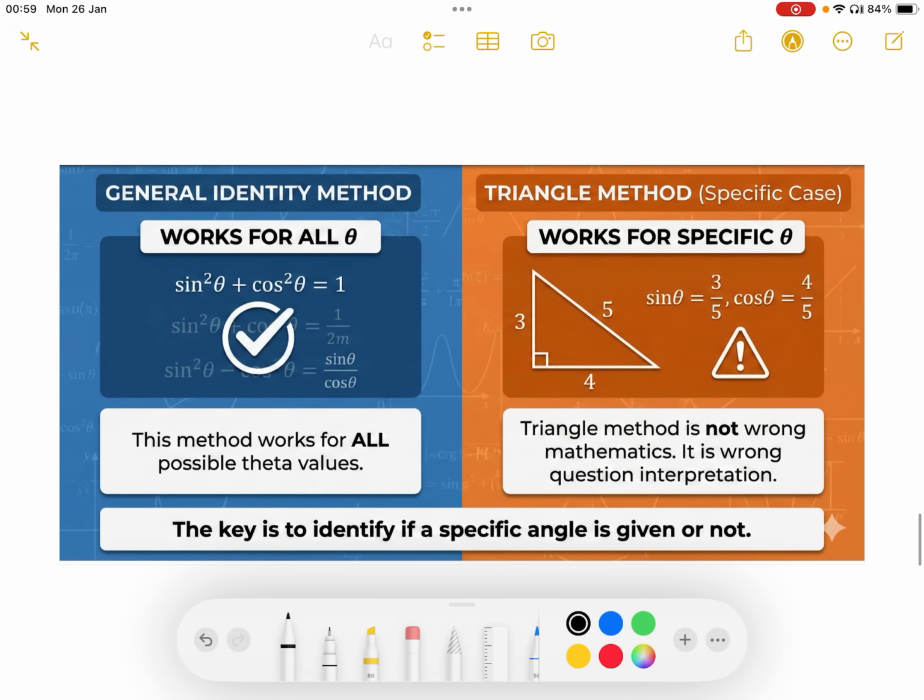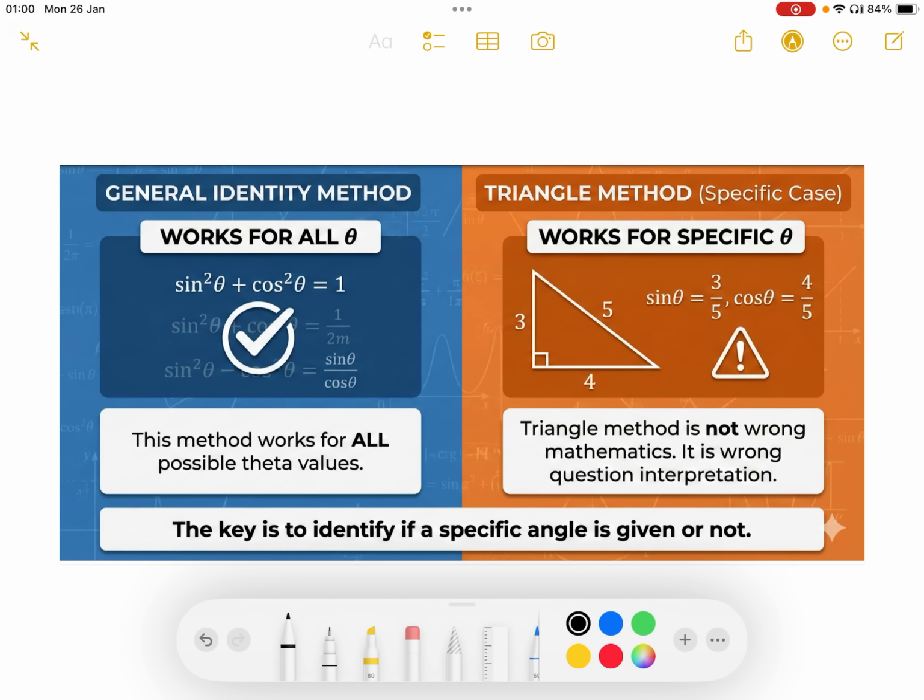Now we'll see what is the general identity method and the triangle method. Triangle method is basically not wrong. It's a correct mathematical application. And what has gone wrong is the wrong question interpretation.